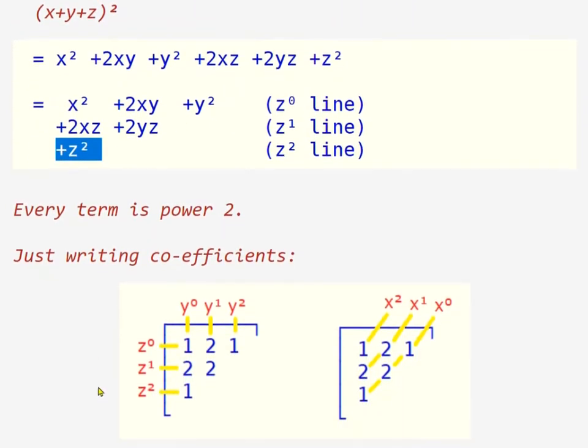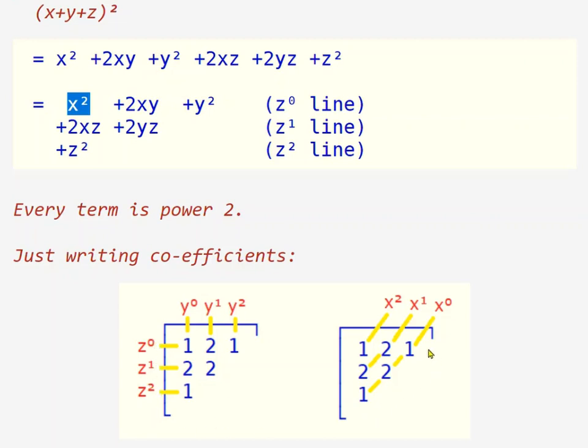And just writing the coefficients like this, see the first term, so this one, x squared, is this one. The y powers are increasing from left to right. The z powers are increasing as you go down.